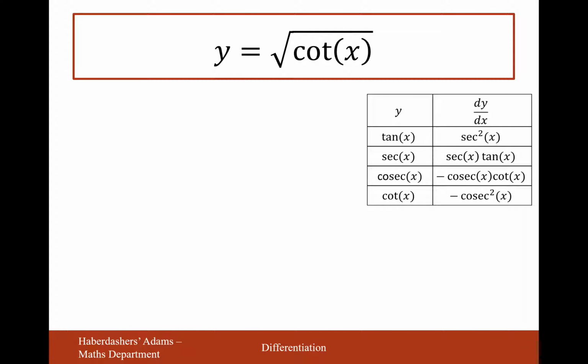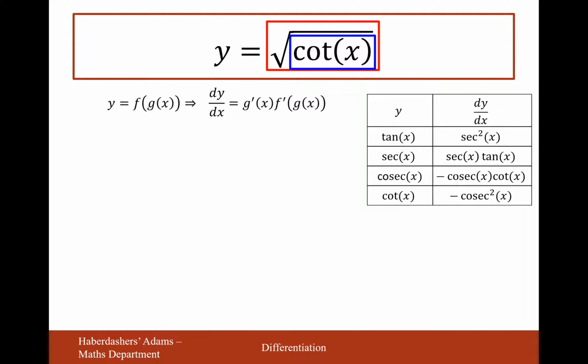Next one, square root of cot x, so it's the other way around this time. So the inside function this time is going to be cot, and the outside function is going to be the square root. So let's get started using the chain rule. Differentiating the inside function first, cot differentiates to minus cosec squared x. And this is going to be multiplied by the derivative of the square root function. The square root function is kind of like x to the half. So differentiating x to the half, you differentiate by bringing the power down to the front and reducing the power by 1.